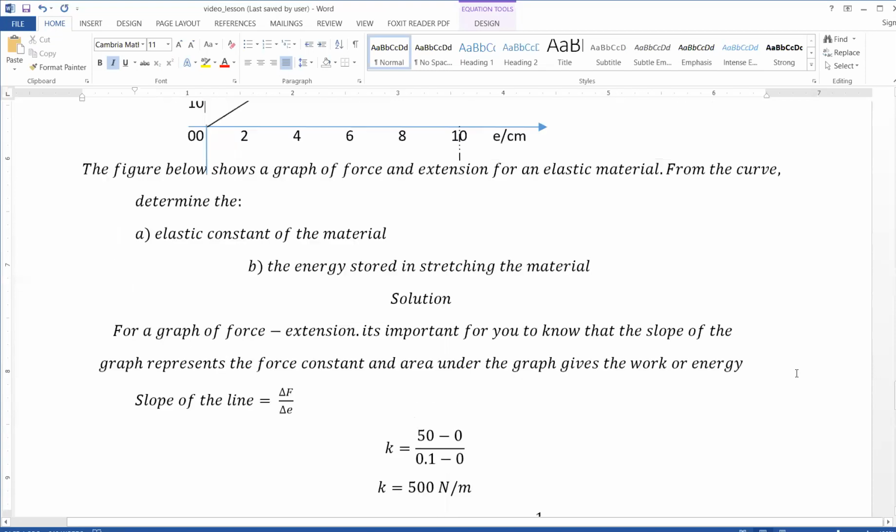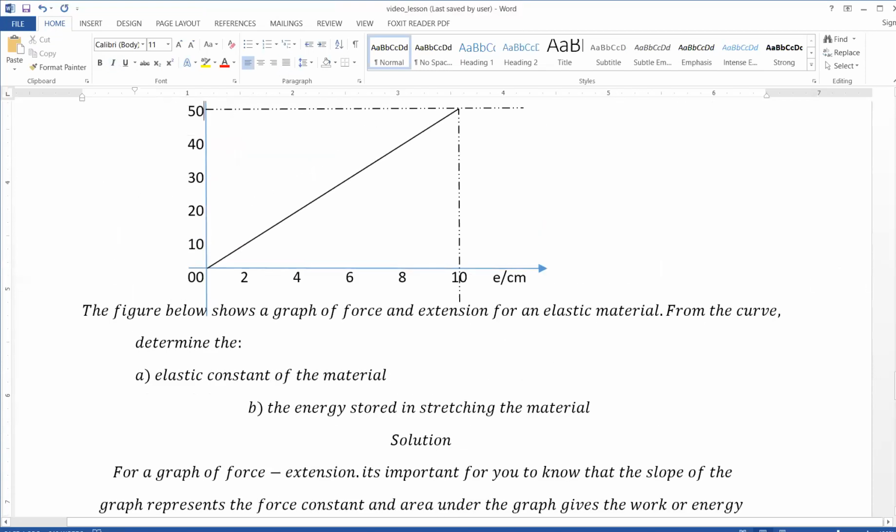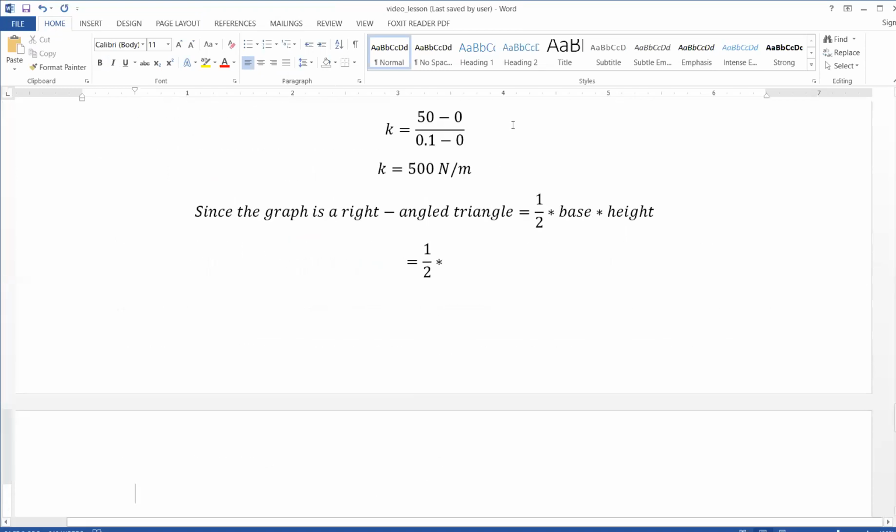You can see this triangle. The base is 10 centimeter, which is 0.1 in meter when you divide 10 by 100. And the height is 50. So half times base 0.1 multiplied by the height 50, if you evaluate this, you get 2.5 joule. So that is the work done, the work done or energy stored. This is the answer to the question.